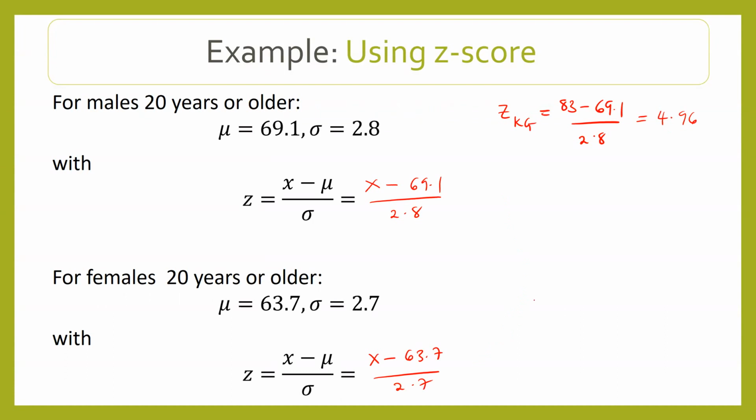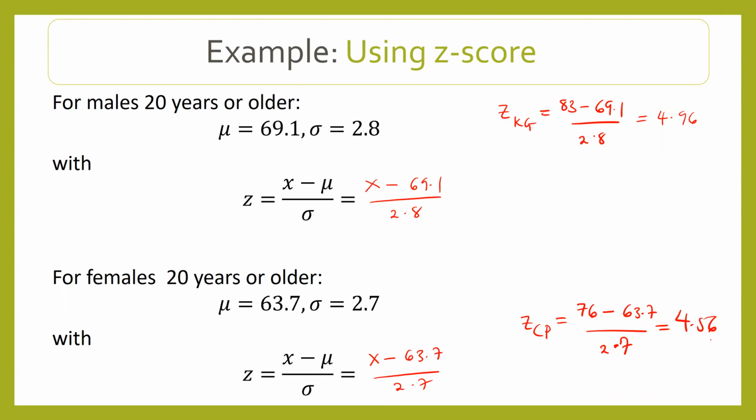The same thing for Candace. The Z-score for Candace Parker, who is 76 inches, is 76 minus 63.7 divided by 2.7, and what you get from this is 4.56. So the Z-score for Kevin is 4.96, and the Z-score for Candace is 4.56.